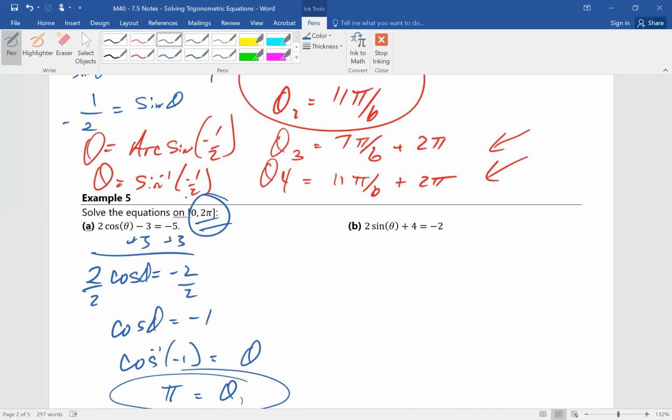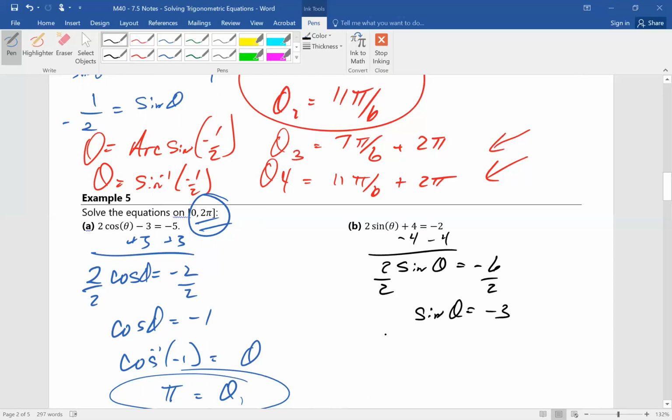Okay. Now, same limitation for part B. And just for fun, I'm going different color. I'm going to have 2 sine of some angle theta equals -6. Divide both sides by 2. So, what angle can give me -3 for an answer?